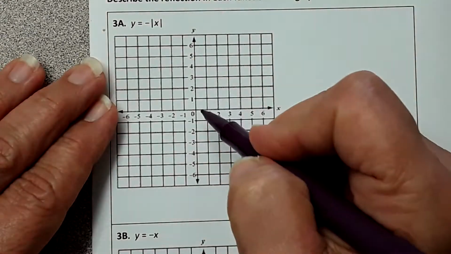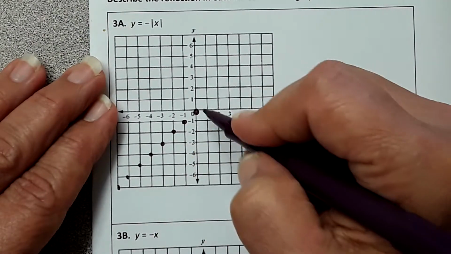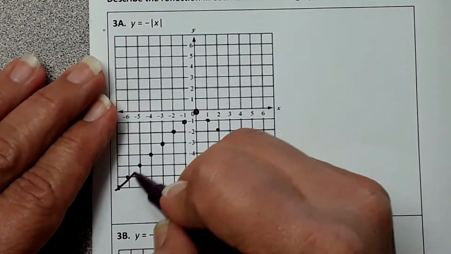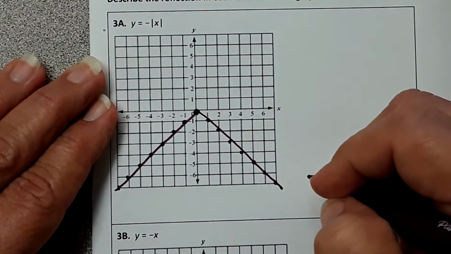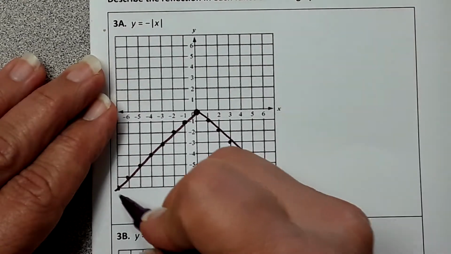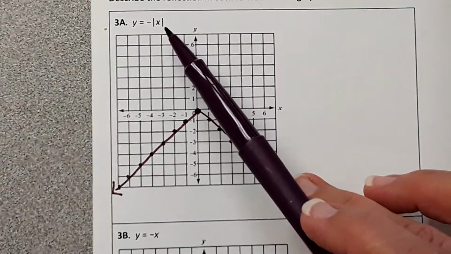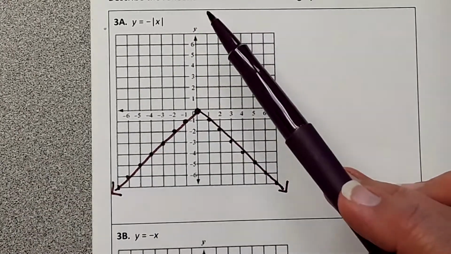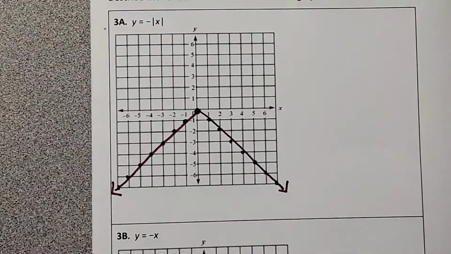And you guys, it's still going to be 0, 0, but it's just going to open down now. Okay, so this looks like the parent function, y equals the absolute value of x. The only difference, what we did to it, instead of it opening up, it opens down now, and that's because the negative's out front.